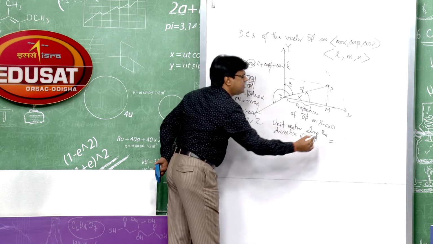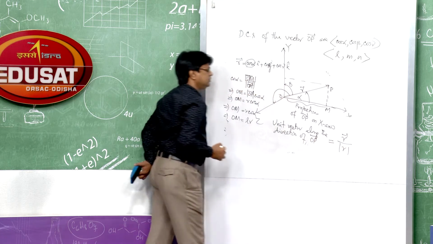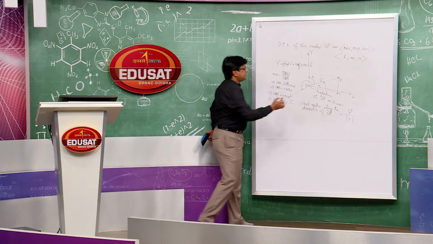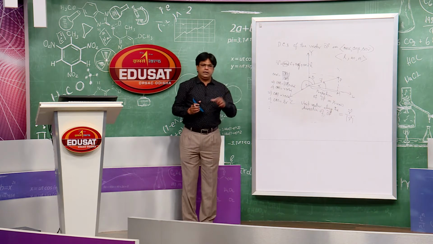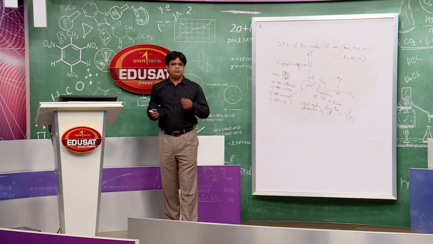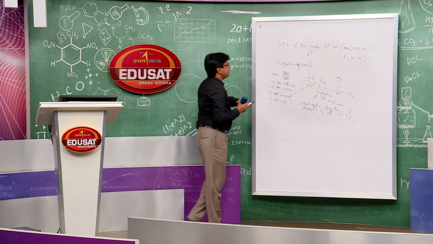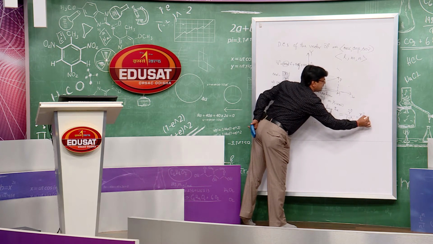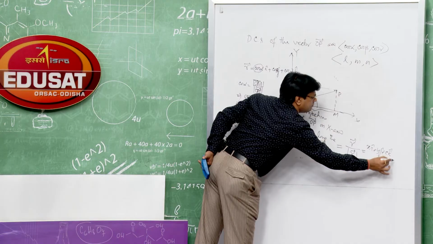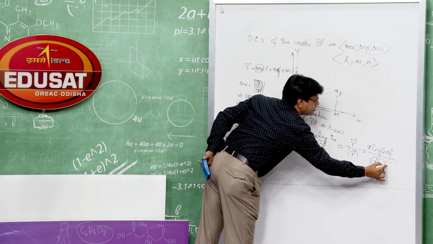This is nothing but the R vector divided by the magnitude of R. So, for any vector in that direction you can find the unit vector. Then we take the case of the R vector as x i cap plus y j cap plus z k cap, divided by root over of x square plus y square plus z square.